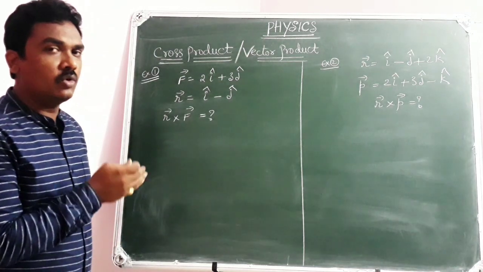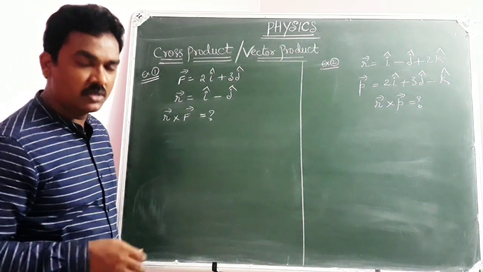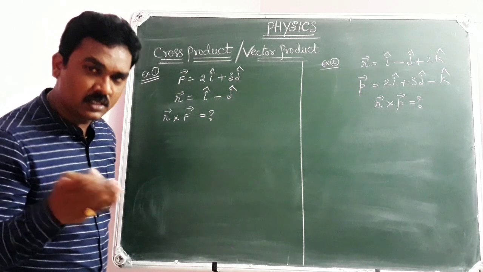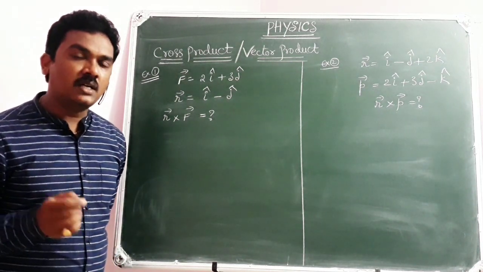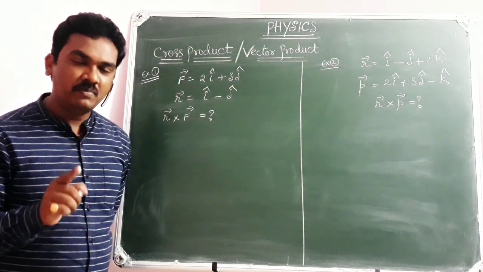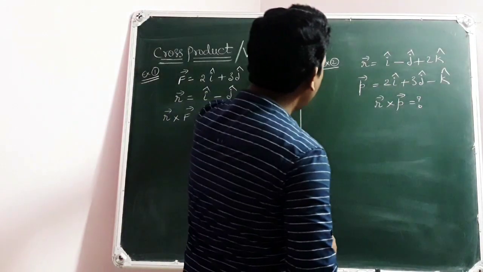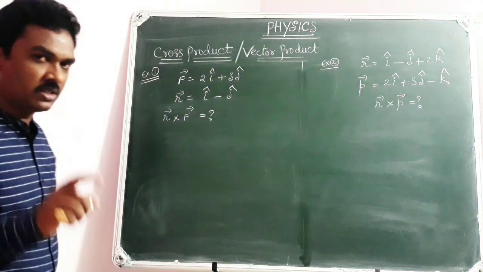But just before getting into the solutions, you need to write one point in the notes, which is the cross product among the unit vectors along the coordinate axes. What are the unit vectors along the coordinate axes? I cap, j cap, k cap. So regarding that, you need to write a little information in the notes just before these solutions.